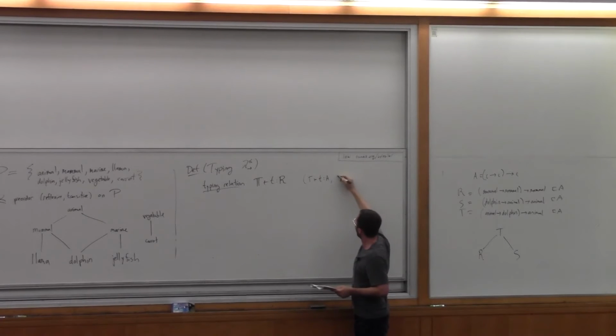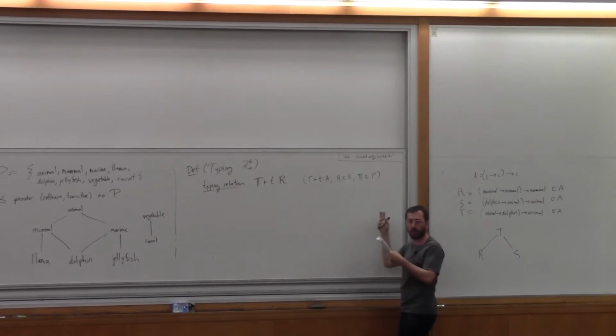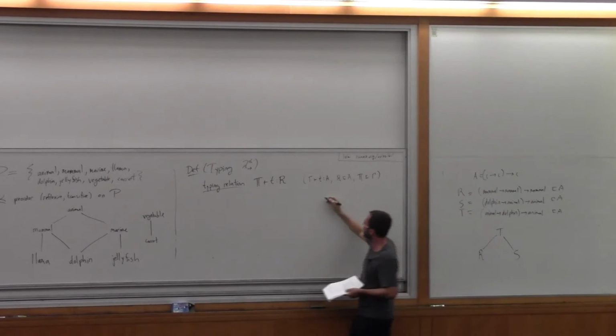Then R is going to be some refinement of A, and then pi is going to be a refinement of gamma. And I guess I didn't define what it means for a context to refine another context, but this is just what.